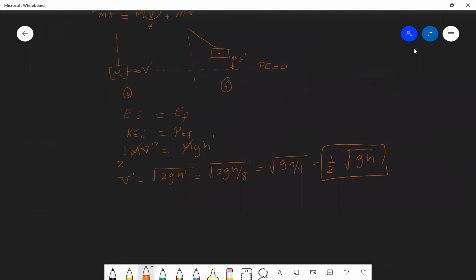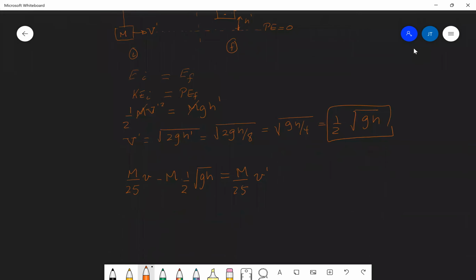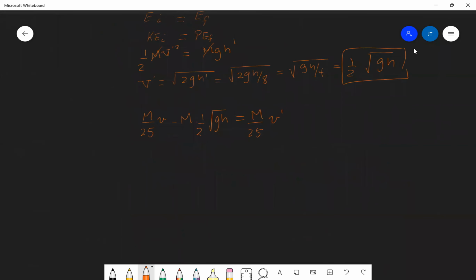And I'm going to substitute the mass in there. So here, for this one, I'm going to put m over 25 v. I'm going to bring this over here, minus m. V prime now is 1/2 square root of gh equals m over 25 v prime. I'm substituting for little m as capital M over 25.